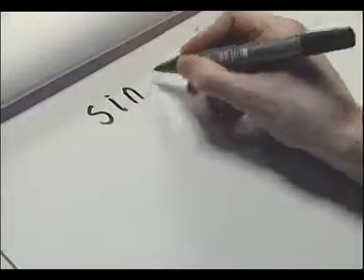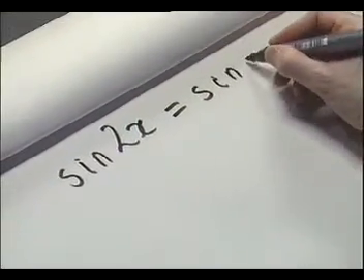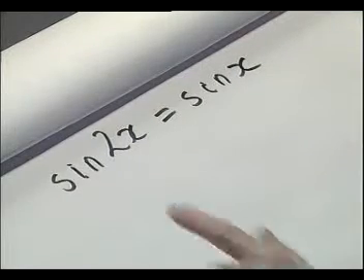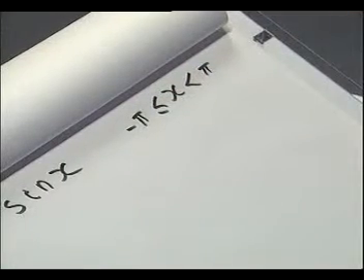So, let us have a look at another equation, again using our double angle formula. Sine 2x equals sine x. And again, let's take our value of x to lie between plus and minus pi. We've only one choice for sine 2x.